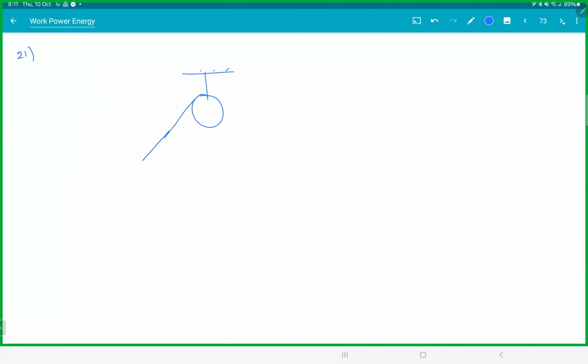We have a pulley here. We have a block here. Let's say block of 2m. Here we have a block of mass m.